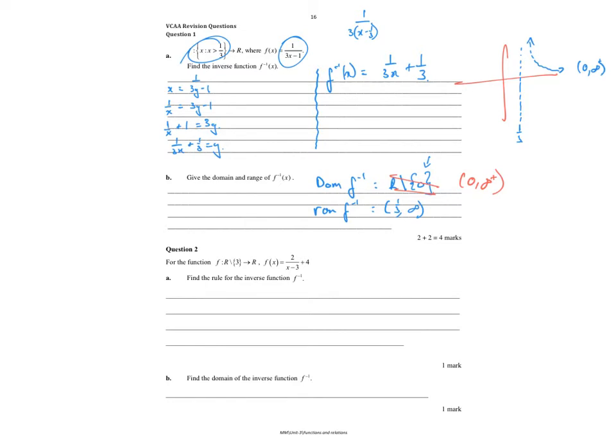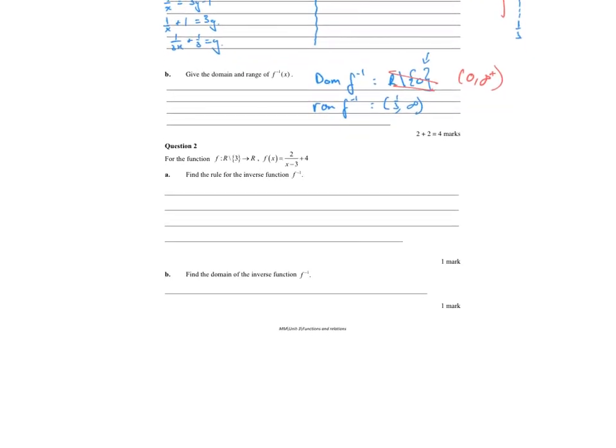All right, what's happening down underneath? Again, find the rule of the inverse. No domain restrictions this time, so that's okay. So let's write y is equal to 2 over x minus 3 plus 4. So let's rearrange.